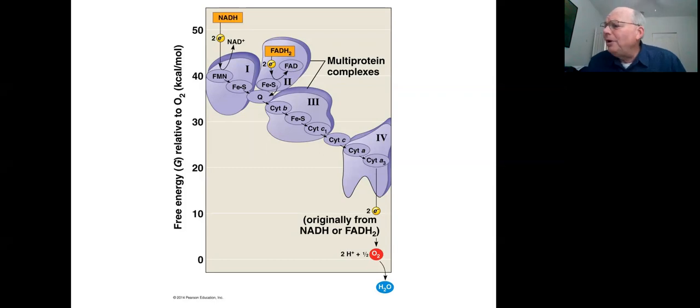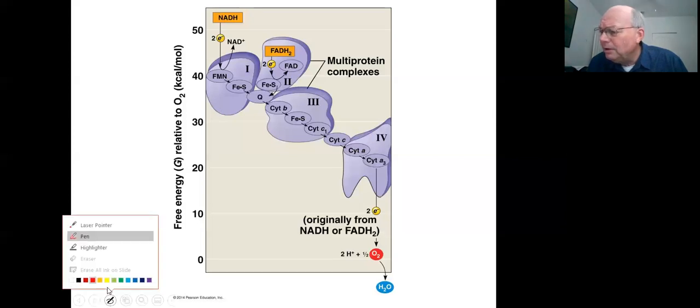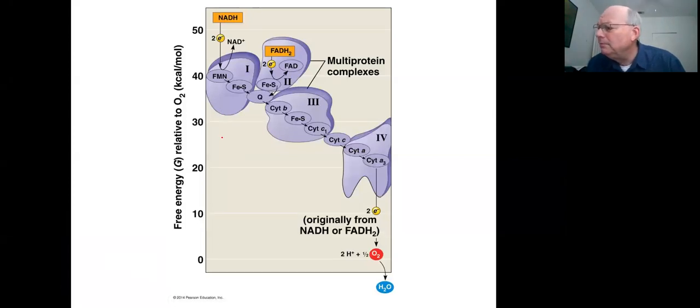So when the electrons move from NADH into the first of the three main chemical complexes that make up the electron transport chain, they are followed by a pair of hydrogen ions. So let me bring this up again. So a pair of hydrogen ions enter with the electrons into the complex and follow the electrons through the complex.